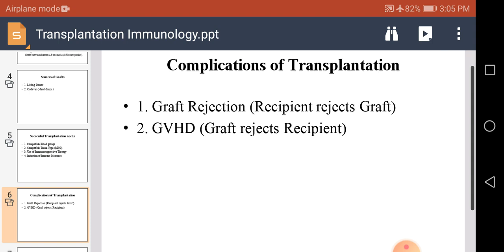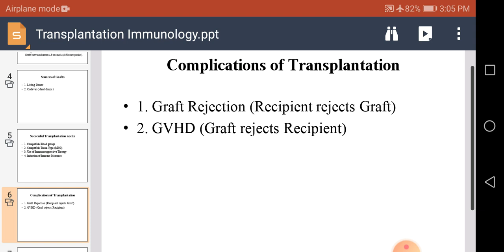Number one, graft rejection. Here, the recipient rejects the graft, like a person with a transplanted kidney, where the recipient rejects this kidney or any other organ. Number two, graft versus host disease.